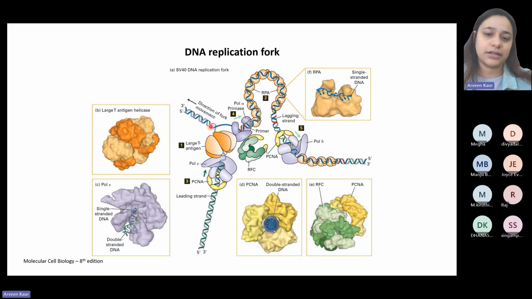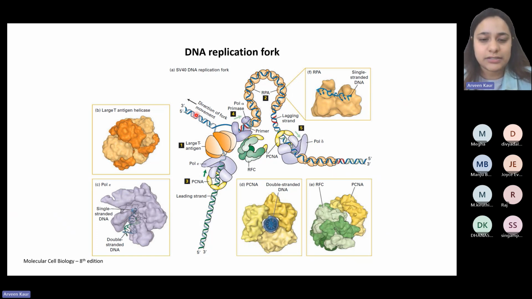Now, this is being broken apart into a replication fork such that the light blue is acting as a template for this dark green, and the dark blue is acting as a template for this red colored new DNA that is being synthesized, right?